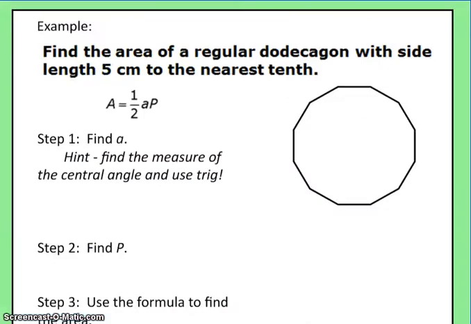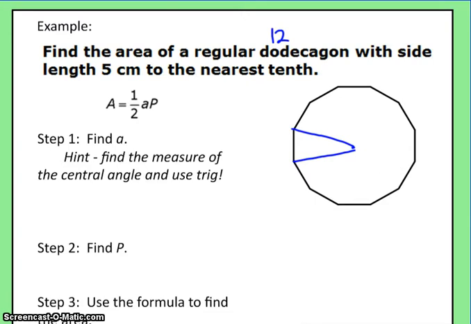Alright, let's do another example. Here we have a dodecagon. Remember that dodeca means a 12-sided figure. And this time it has a side length of 5. Okay, first things first, I'm going to draw my triangle. Whoops, it's supposed to go into the center. Okay, there we go.